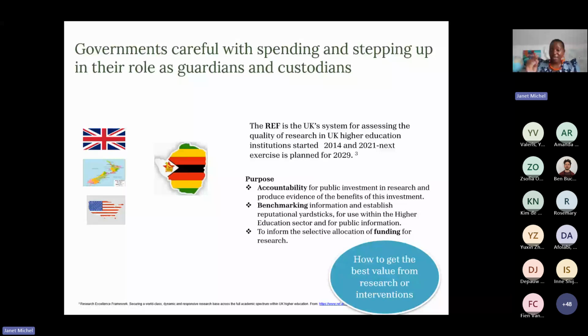They want the institutions that receive this money to produce evidence of benefits that go beyond just research. And they're also using this information for benchmarking and for allocation of funding. They want to get the best value from the research and interventions, but with real evidence on the ground.